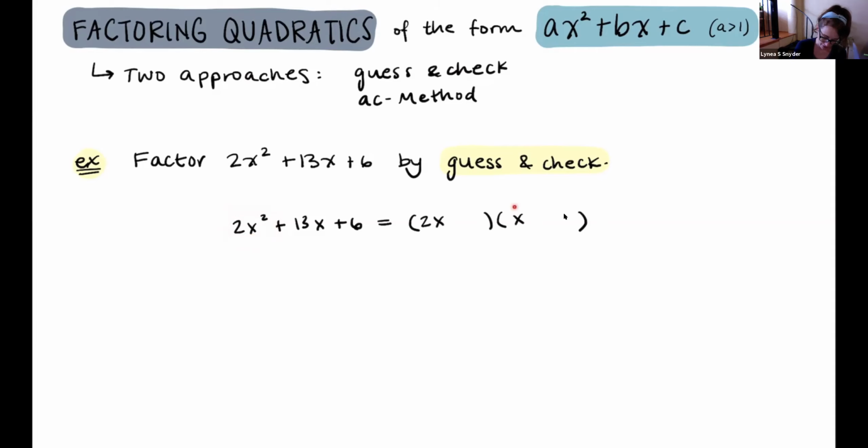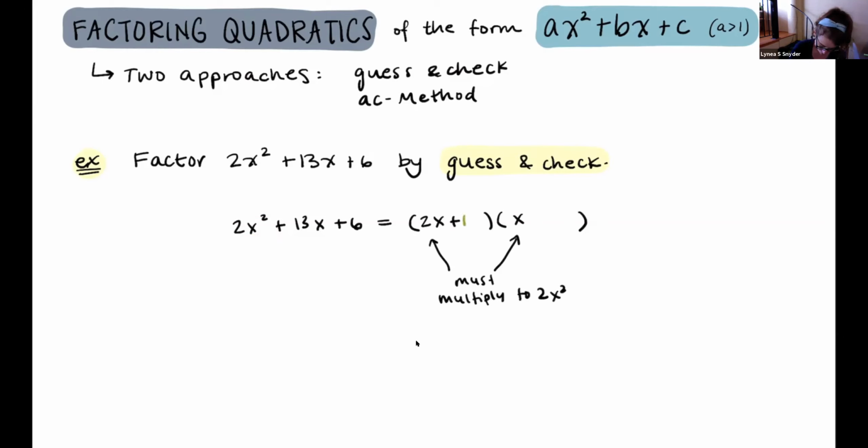So that when you multiply the first terms together, you end up with the 2x squared. So let's write that down here. The 2x and the x have to be here so that when you multiply them, we get 2x squared.